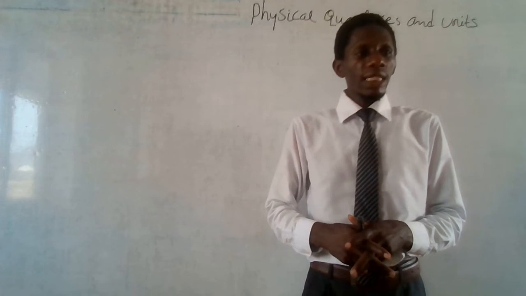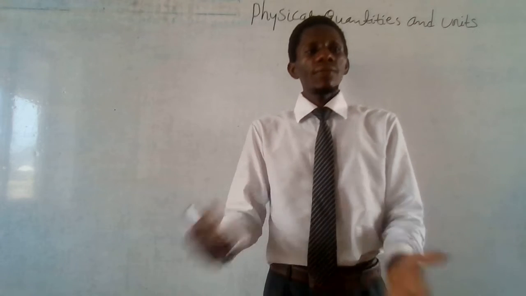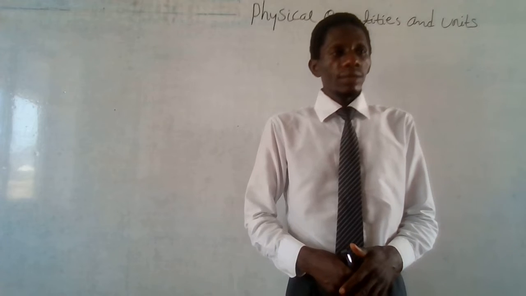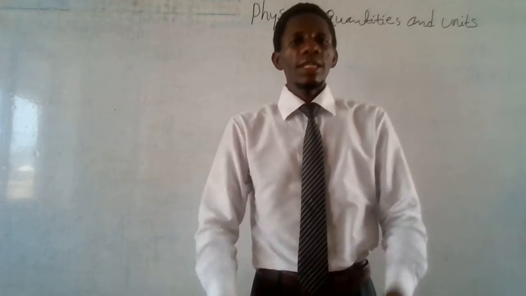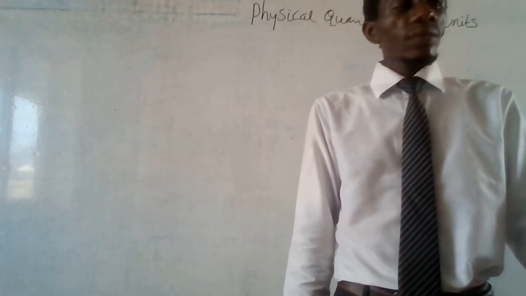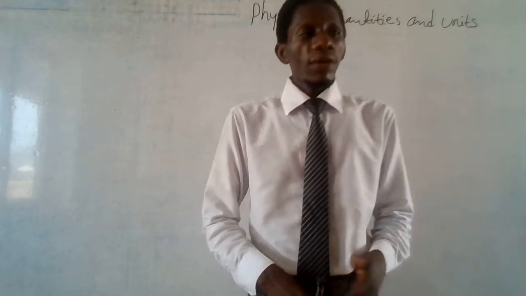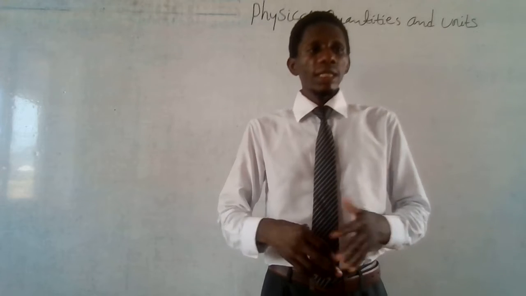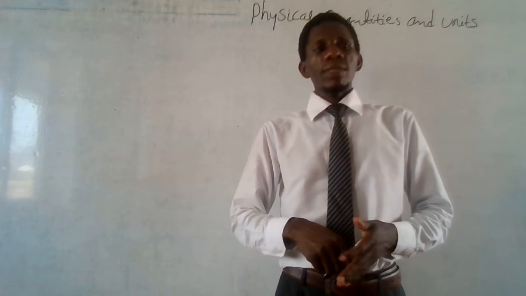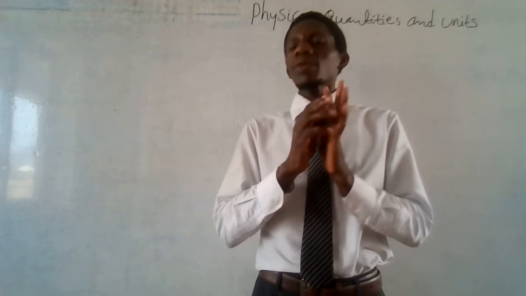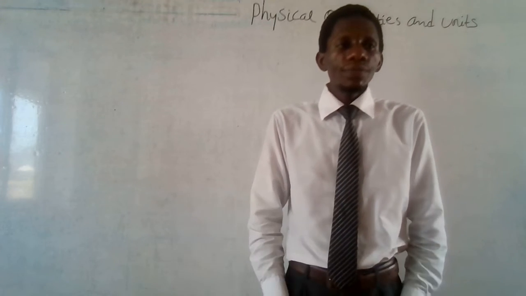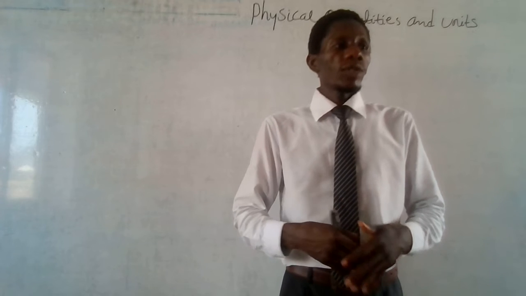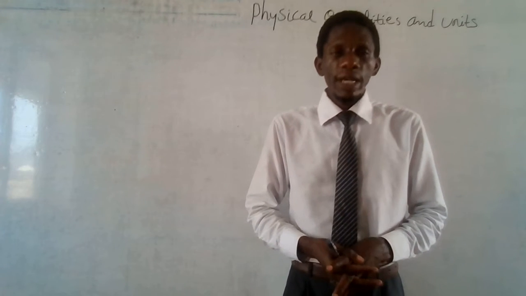Quantification in this sense is fundamental to the scientific method. So a physical quantity is a physical property of a material or system that can be quantified by measurement. It can be expressed as a value, which is the algebraic multiplication of a numerical value and a unit.